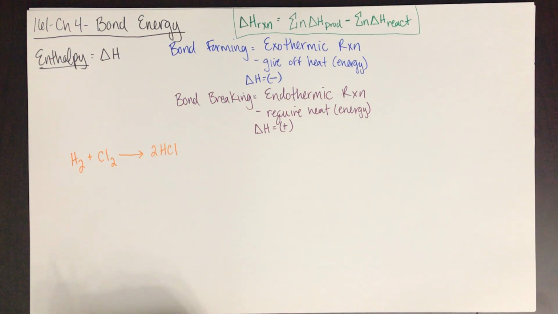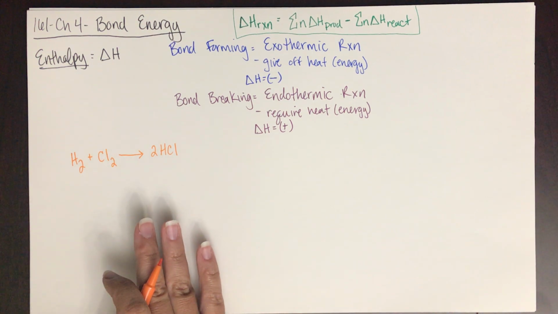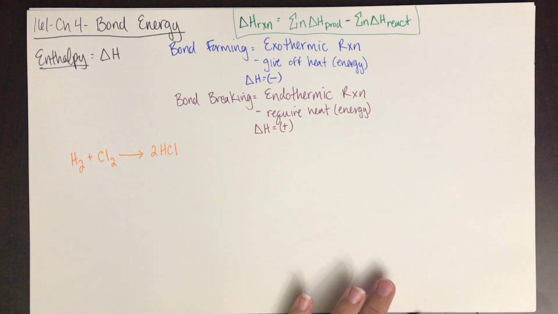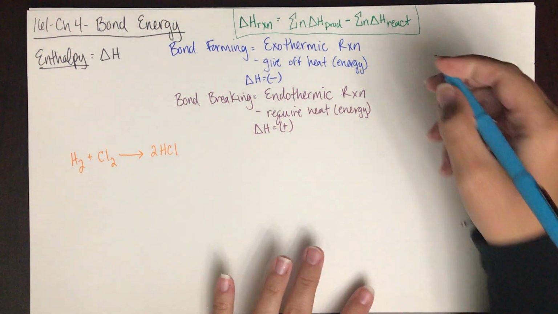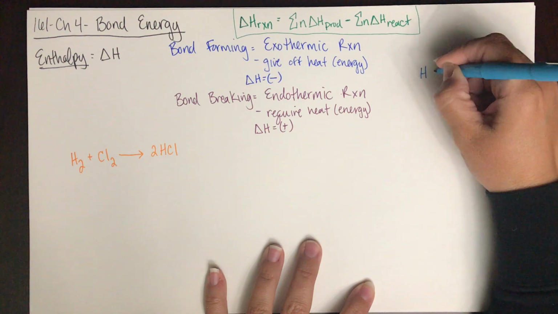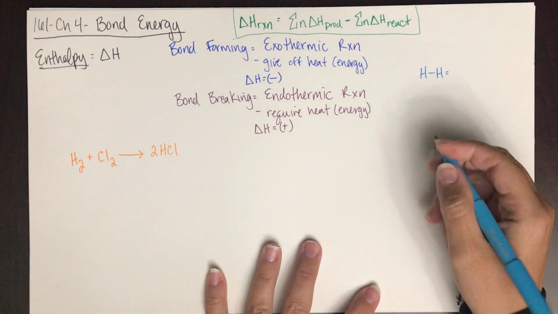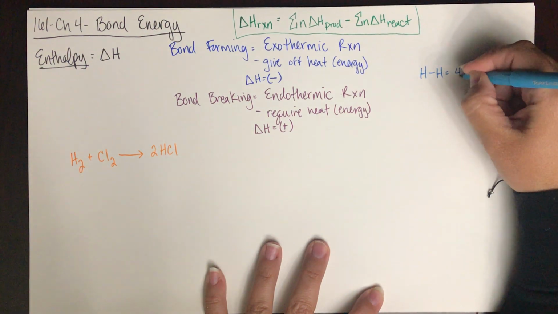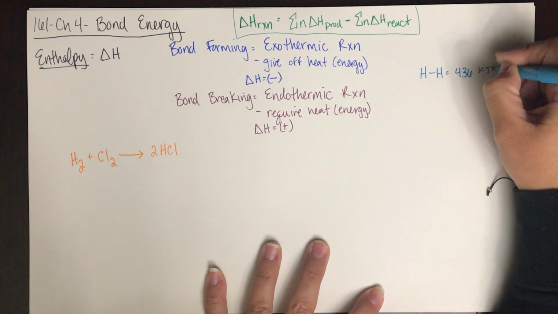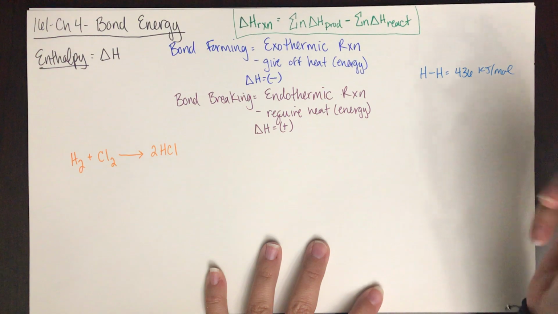That's not something you're required to do at this point. Okay, so you would be given the information about how much energy is in each of these bonds. So a hydrogen-hydrogen single bond is 436 kilojoules per mole. This would be given to you in a table.